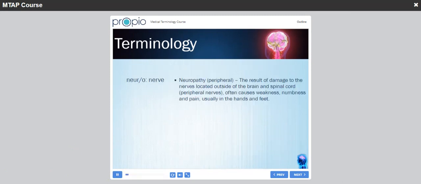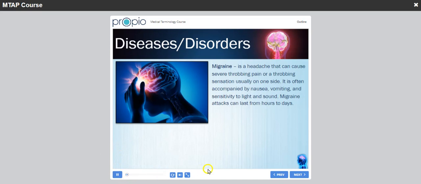Peripheral nerves. Often causes weakness, numbness, and pain, usually in the hands and feet. Migraine is a headache that can cause severe throbbing pain or a throbbing sensation, usually on one side. It's often accompanied by nausea, vomiting, and sensitivity to light and sound.